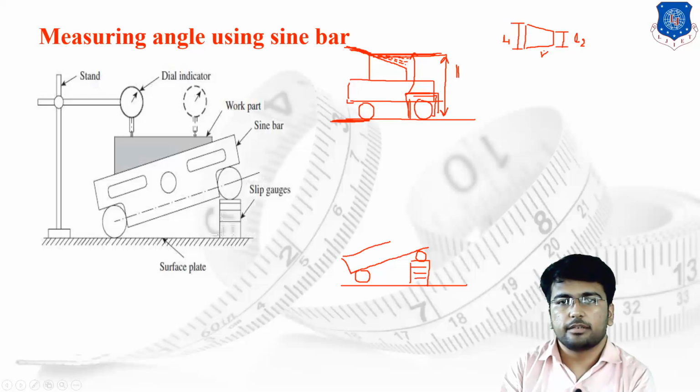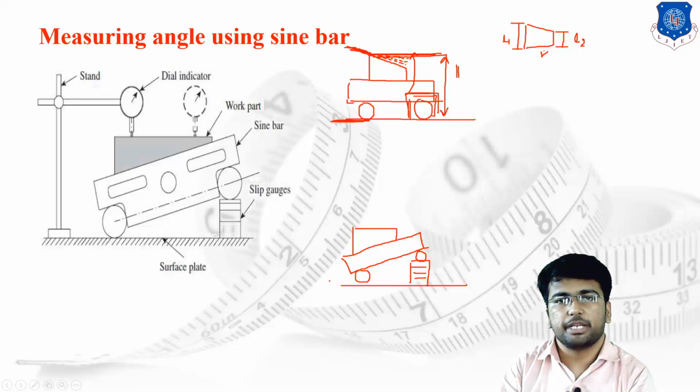The whole sine bar is inclined like this, and the top surface of the workpiece behaves like this. So I can say that the top of the workpiece is parallel with the bottom, or the datum of the reference surface. Both of these surfaces are behaving like parallel surfaces.